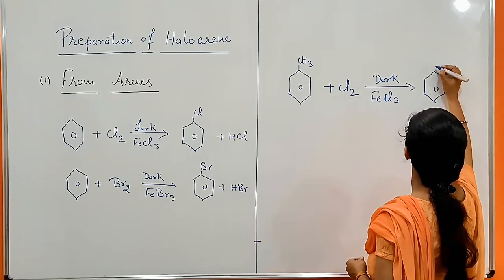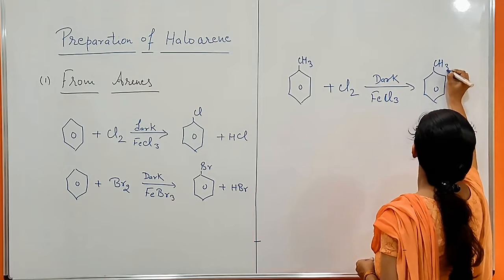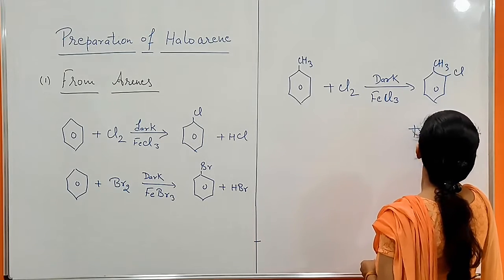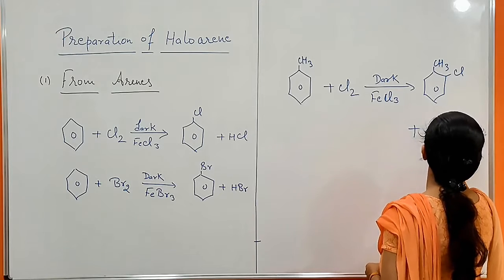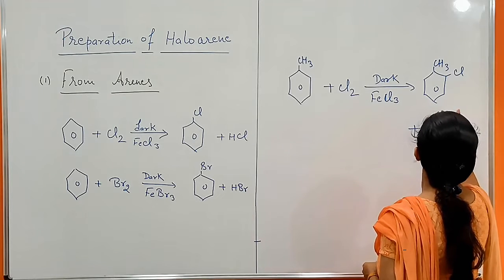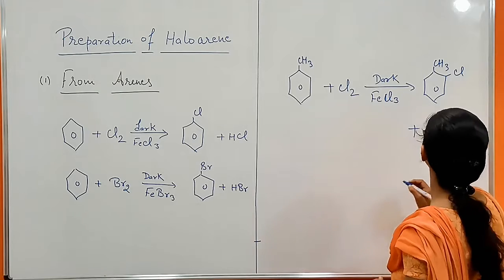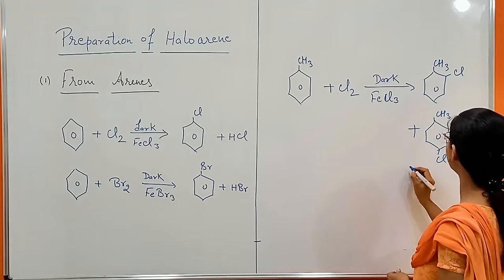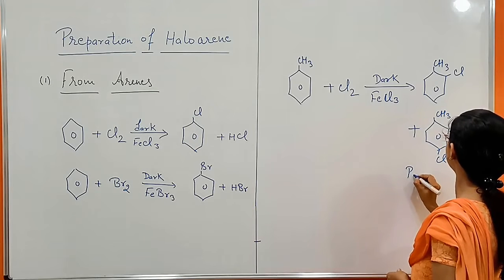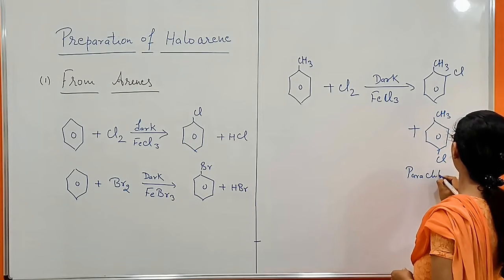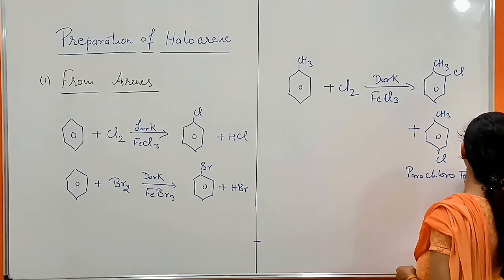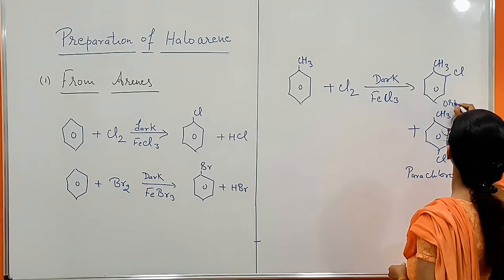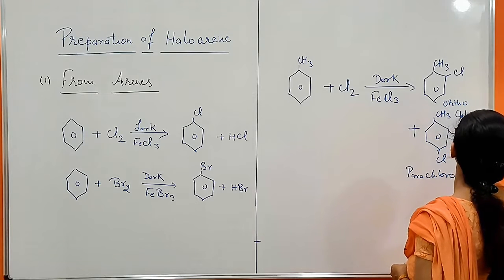So this is your ortho compound and para compound, because toluene is an ortho para directing compound. So it is para chlorotoluene and it is ortho chlorotoluene.